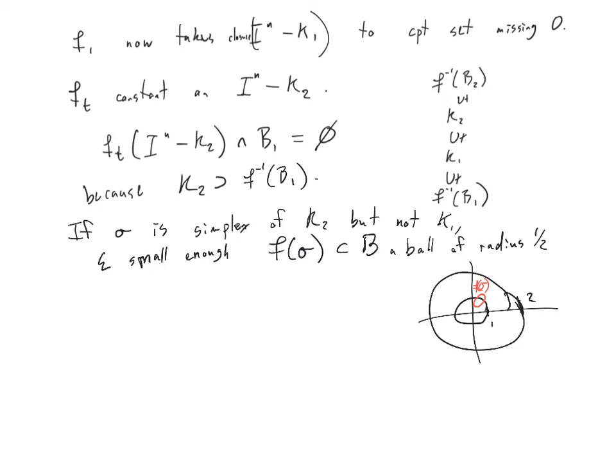And then if you look, that point there is at most distance 1, so the closest this point here could be is 1/2 from the origin. So in particular, F sigma intersect the ball of radius 1/4 at the origin is empty.